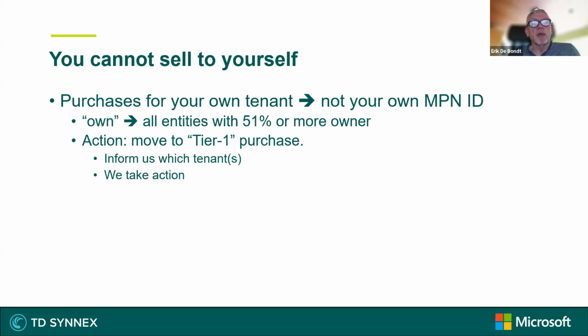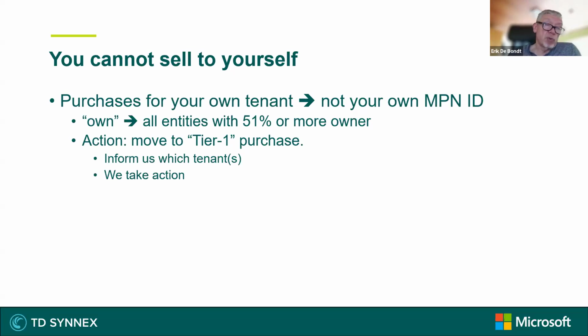First of all, within Microsoft rules, you cannot buy for yourself in a tier 2 program. So basically, and as we know, it has happened before, no sweat at the moment. So basically, if you have your own tenant and you buy a license, basically this is not allowed. Yes, it is allowed, but not using your own MPN as a tier 2 MPN.